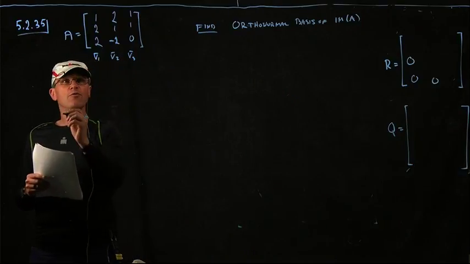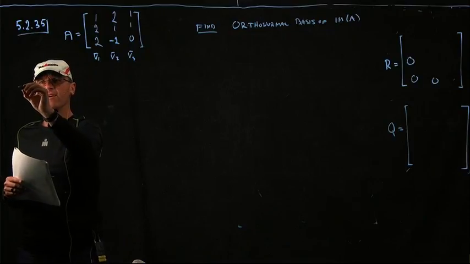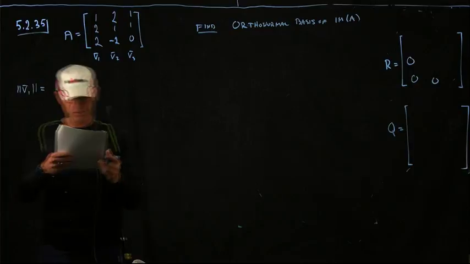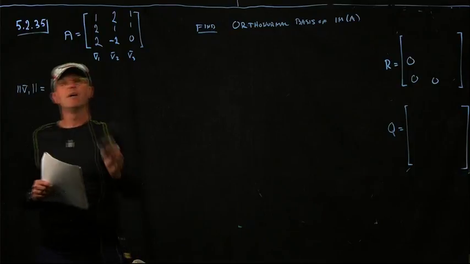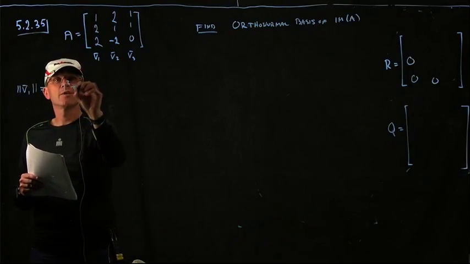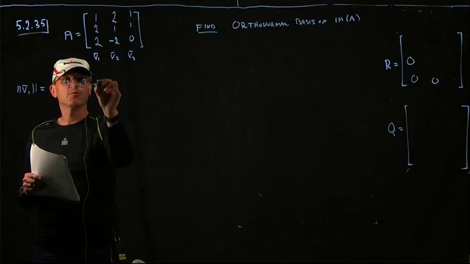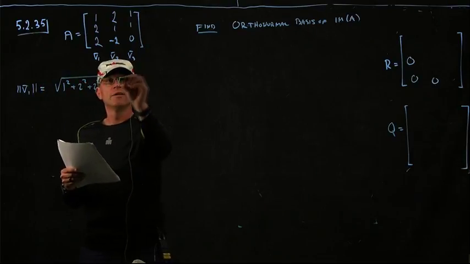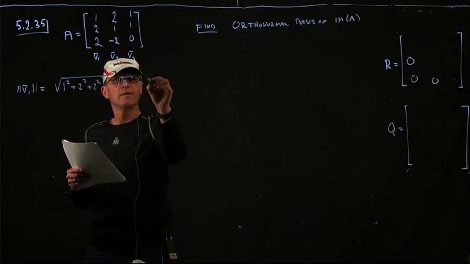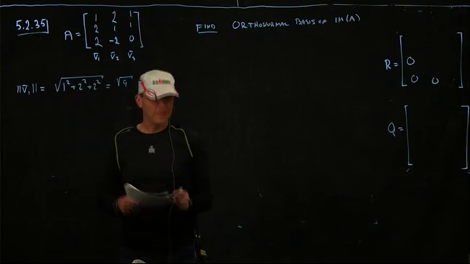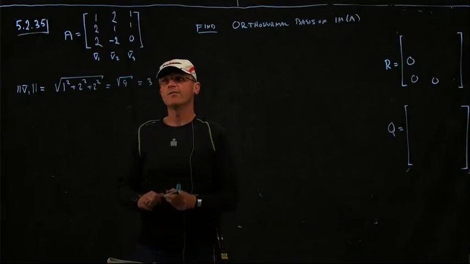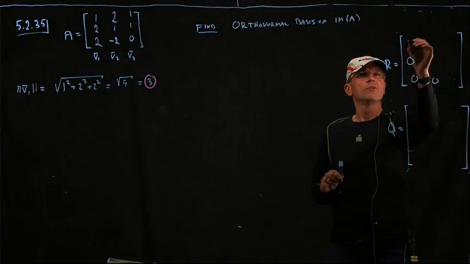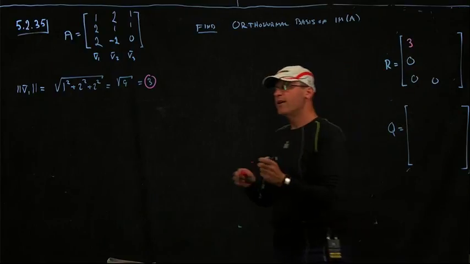Okay, so first thing we need is the length of V1, so the first column. That is 1 squared plus 2 squared plus 2 squared, so that is the square root of 9. So the length is 3. Again, we have computed a length which ends up on the diagonal.